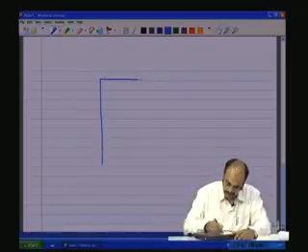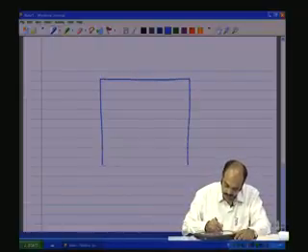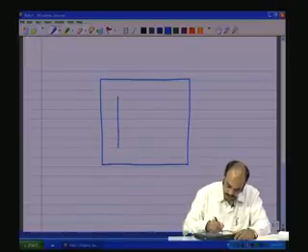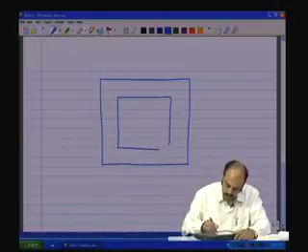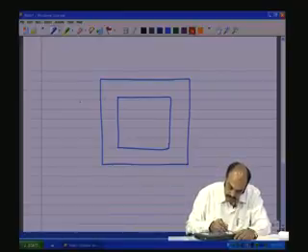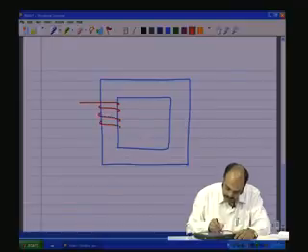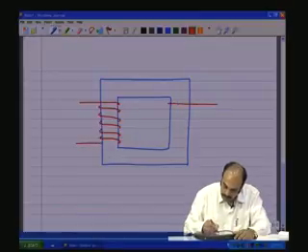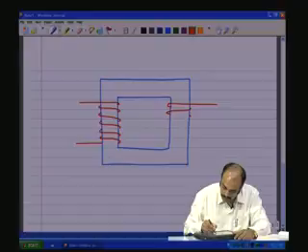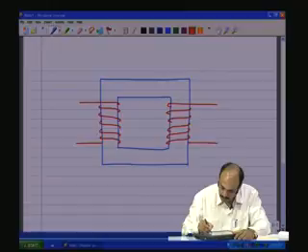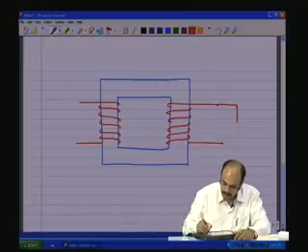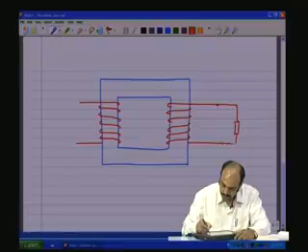By rewriting our transformer with its primary and secondary windings, this is the primary winding, this is the secondary winding, which is connected to the load Z2.